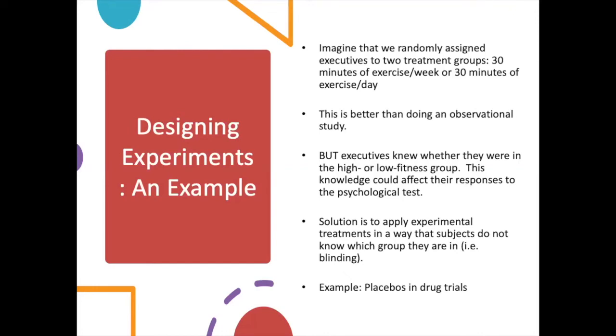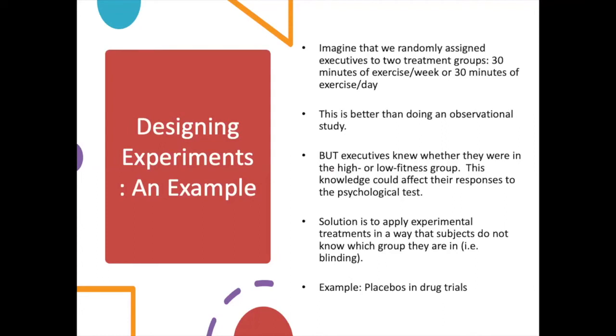And this is better than an observational study, where an observational association between exercise and stress might be confounded by some other lurking variable. But in this experiment, our executives were aware of whether they were in the low or the high exercise group.